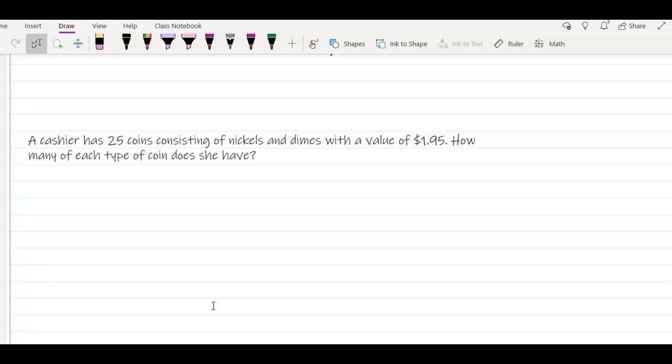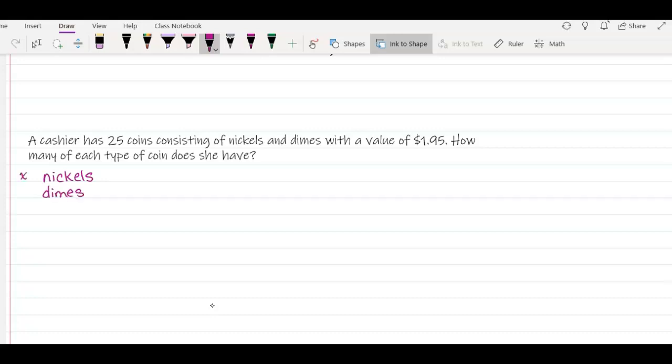A cashier has 25 coins consisting of nickels and dimes with a value of $1.95. How many of each type of coin does she have? Well, first we need to talk about what are the two things we're talking about in this problem. The two things we don't know how many we have are nickels and dimes.